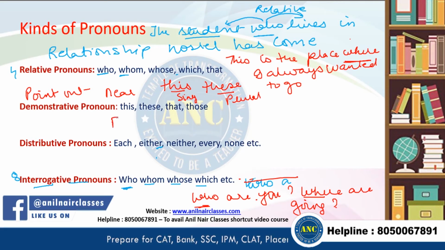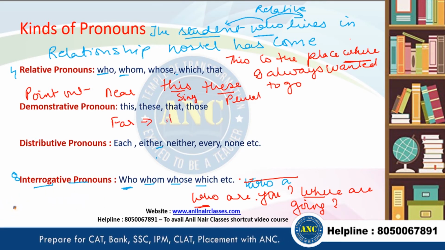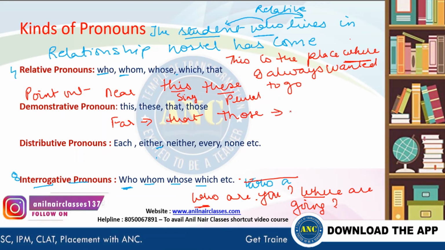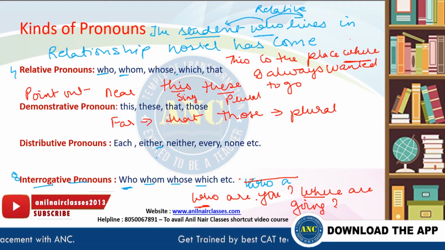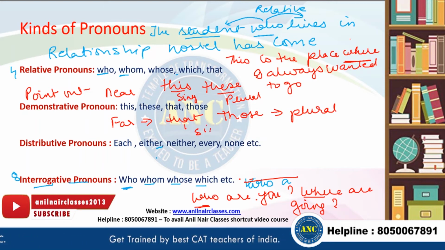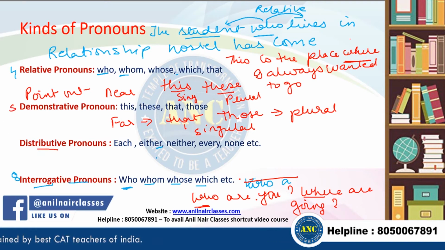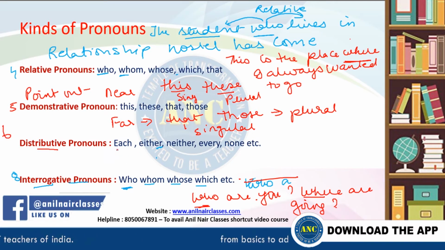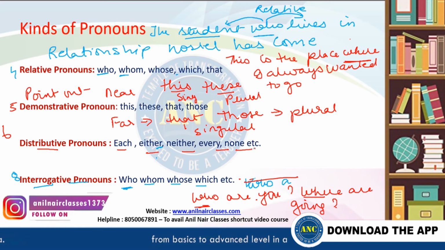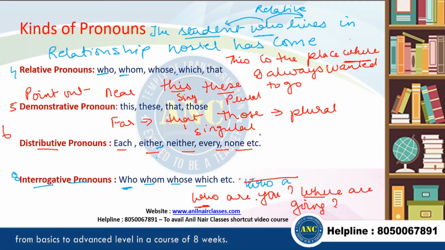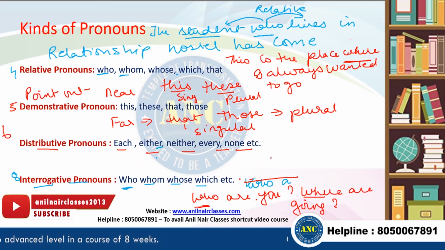Then if you're talking about far away things, we'll use that and those. Those is the plural form, whereas that is the singular form. Then we have distributive pronouns, the sixth one, like each, either, neither, everyone, none, etc. These are the distributive pronouns where we distribute the things, right?